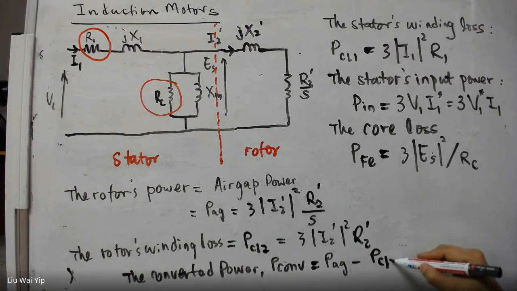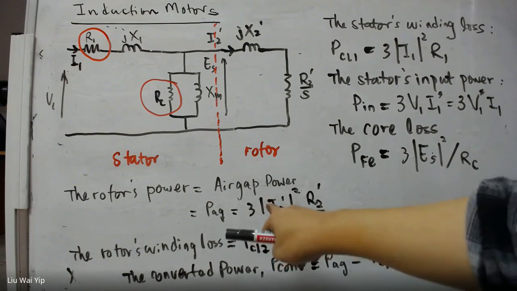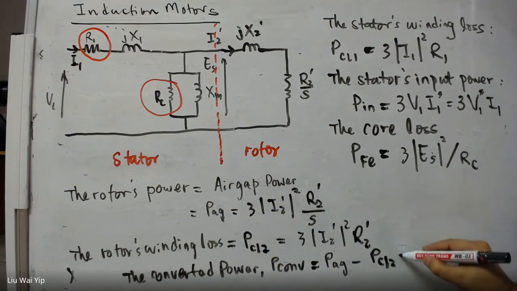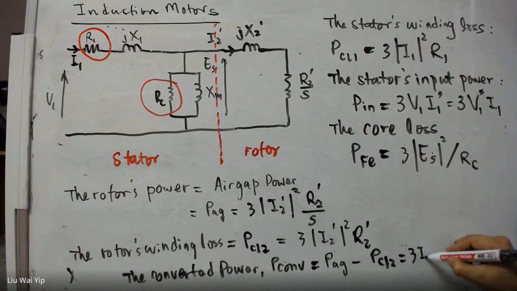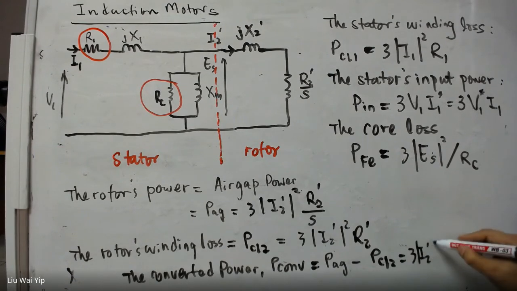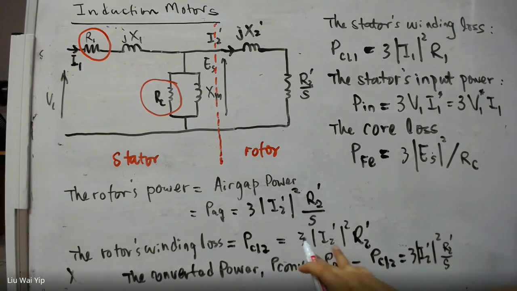So according to the equation here, we have this expression, I2 dash squared times R2 dash divided by S, and then the winding loss here is, according to this formula, I2 dash squared times R2 dash.